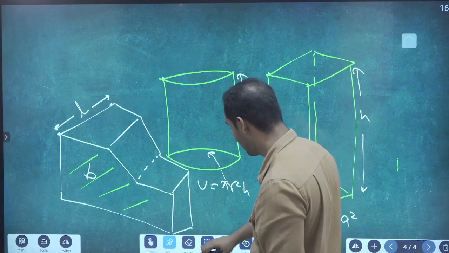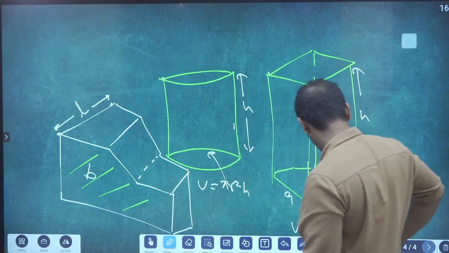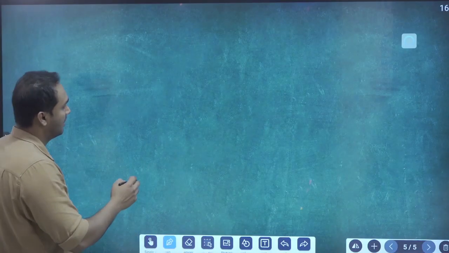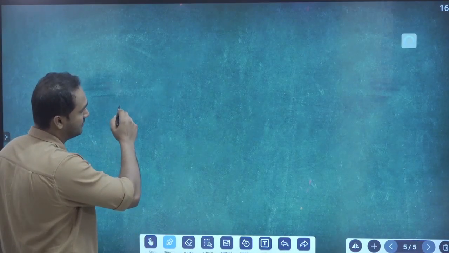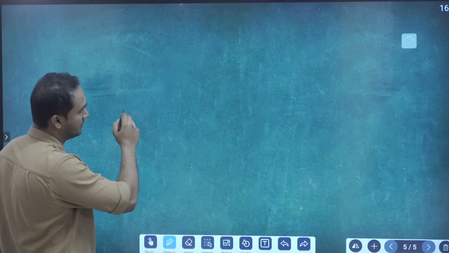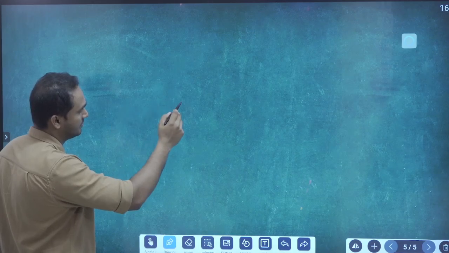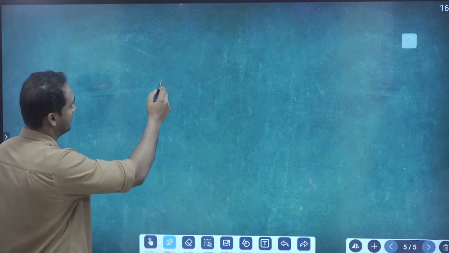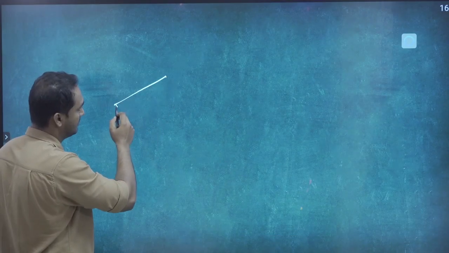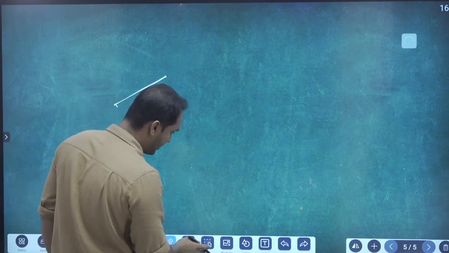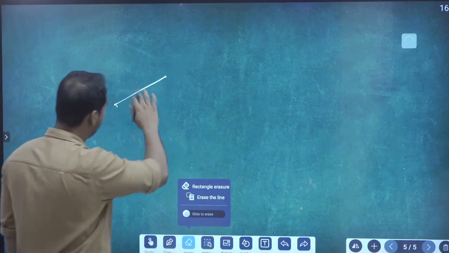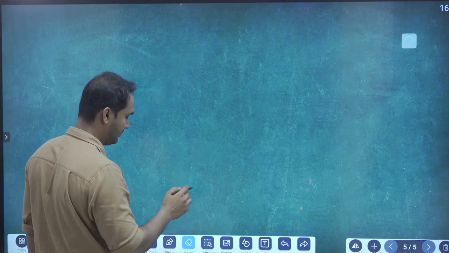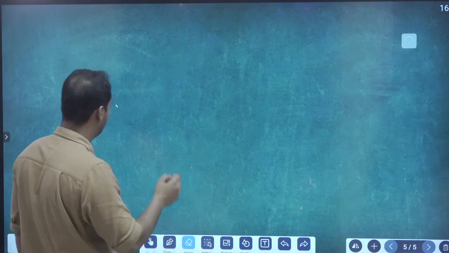Listen. That diagram, how is it? The actual diagram is something like this.